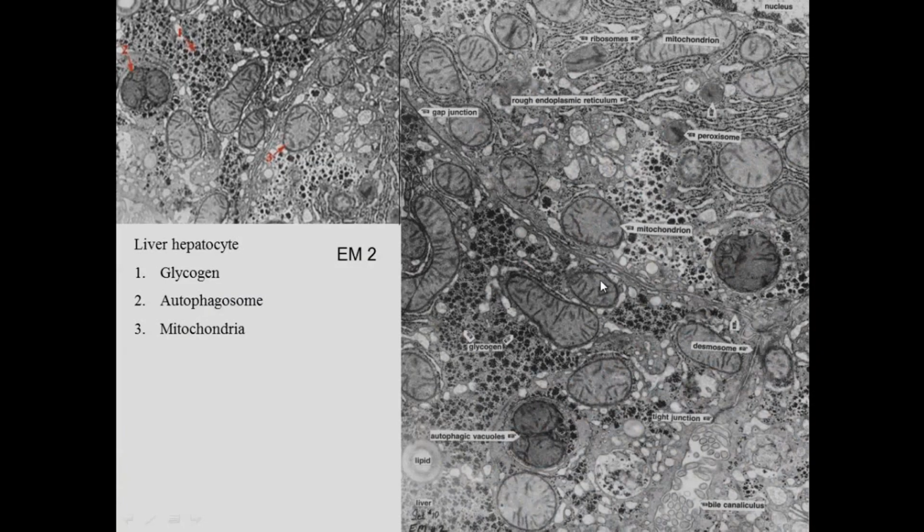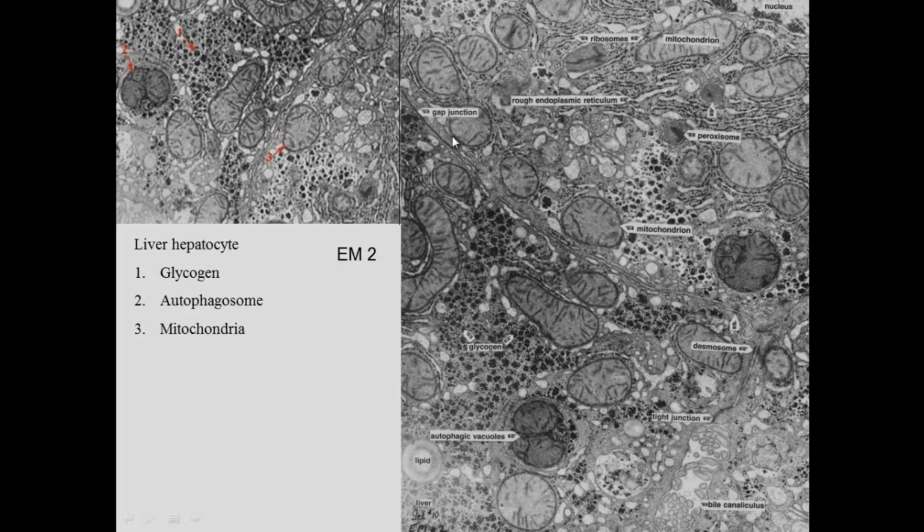If we look at the hepatocyte here, we can see big mitochondria through there. Also, see a bile canaliculus, which has tight junctions on either side to keep the bile separated from the blood. And here we see lots of glycogen stored in the liver, lots of rough endoplasmic reticulum for making proteins, also some Golgi apparatuses.